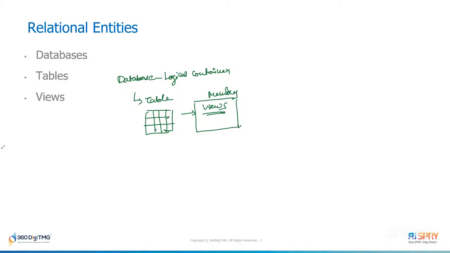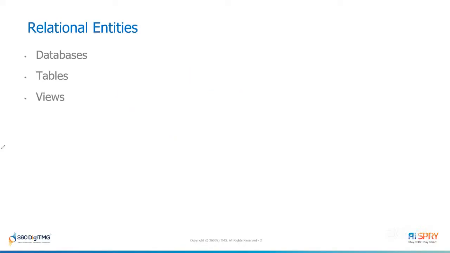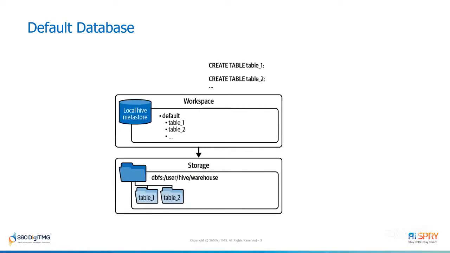Now let us look into these relational entities in Databricks. First, we should talk about the default database. Already there will be a database with the name default in the Hive metastore.